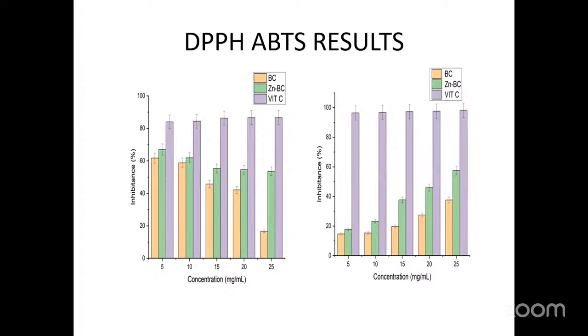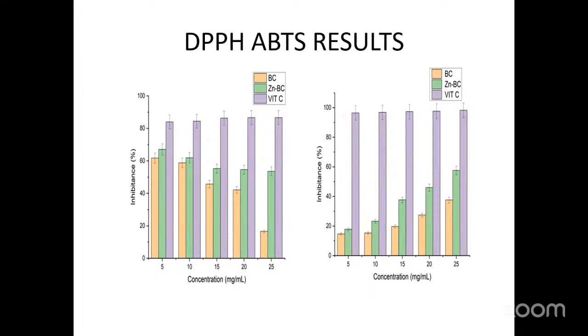But we can see that beyond the 5 mg/ml, all the concentrations tend to decrease. And this might be due to agglomeration of the biochar particles, since it is not that clear. So maybe there was agglomeration, and that might be the cause.